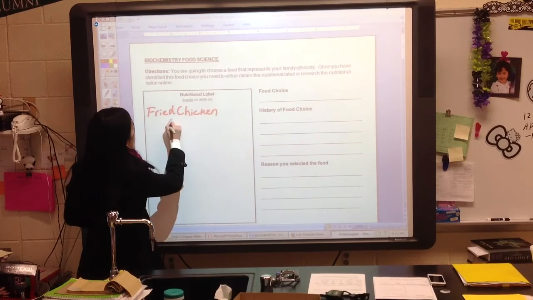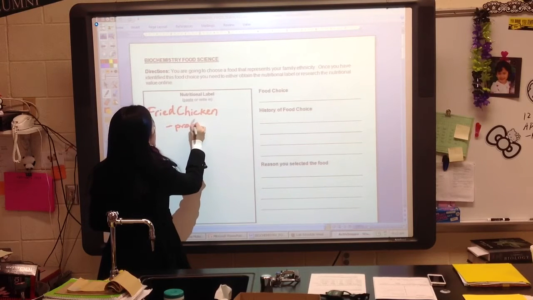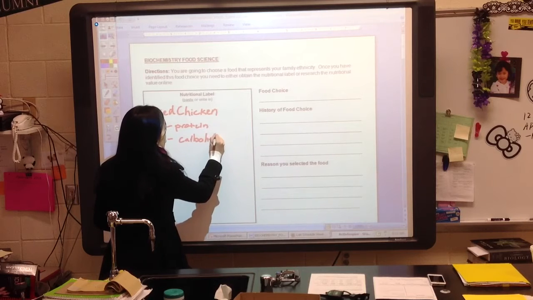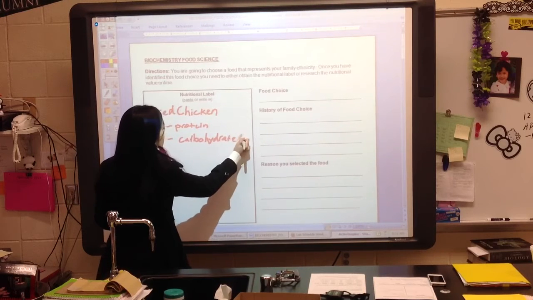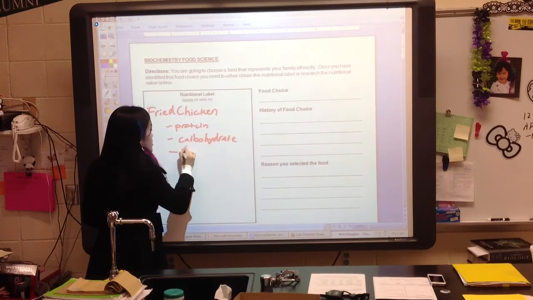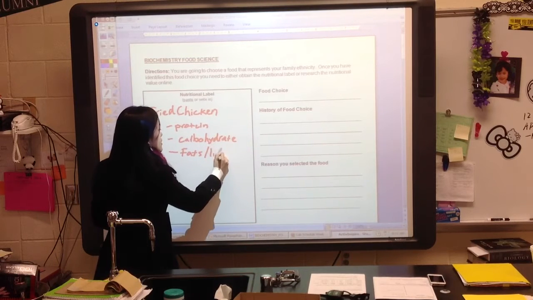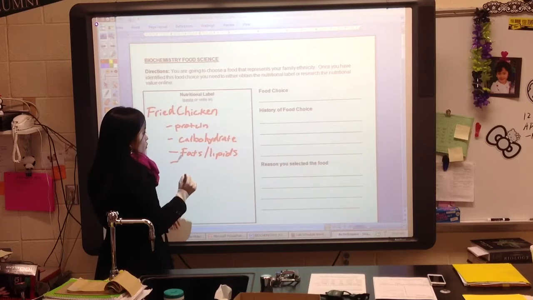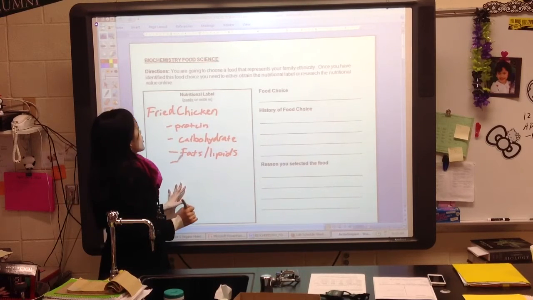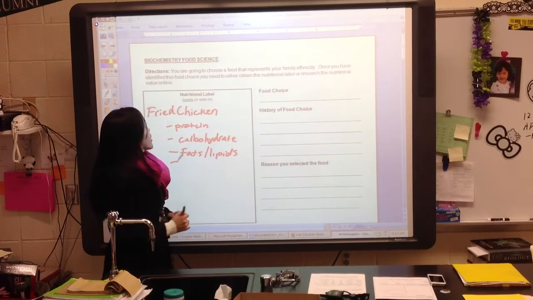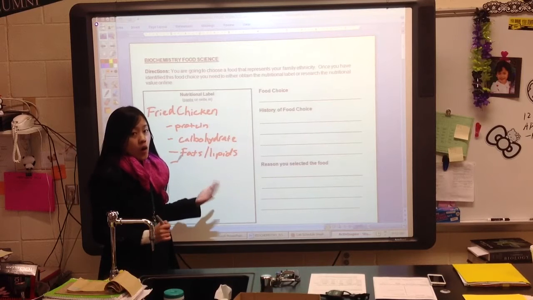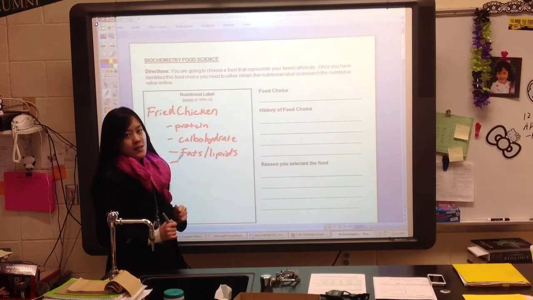You'll want to look for things like the amount of protein, okay? Possibly the carbohydrates, the fats, and we also know fats as lipids. And then our last macromolecule that we talked about was actually nucleic acids, but in here we're going to assume that all foods contain nucleic acids, okay?